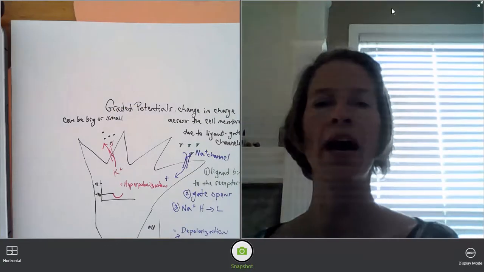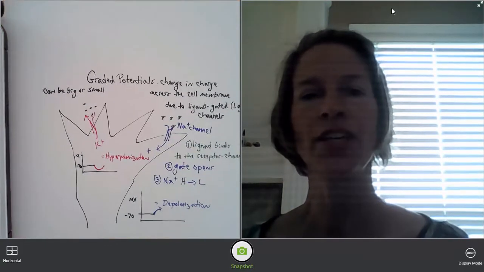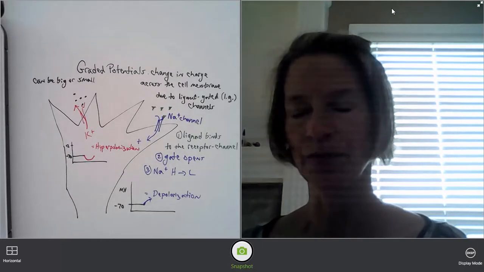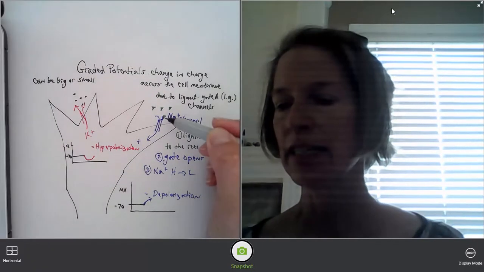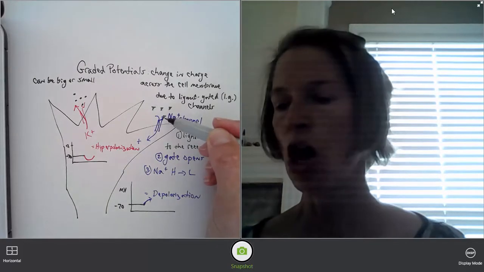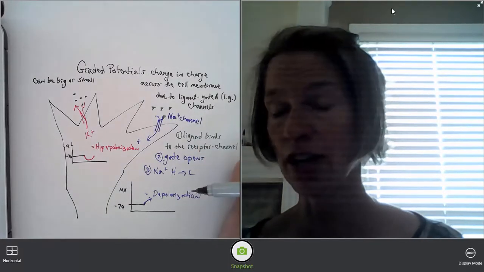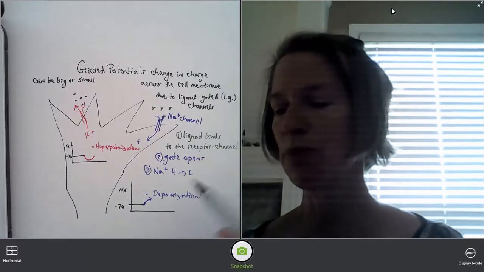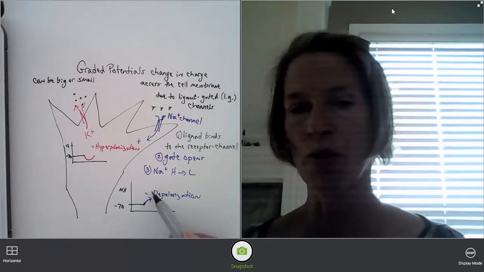Depending on the amount of ligand you have binding to the ligand-gated channel. More ligand, here the green triangle, opens the gate for longer, which makes the ion flow more, which makes your depolarization more.